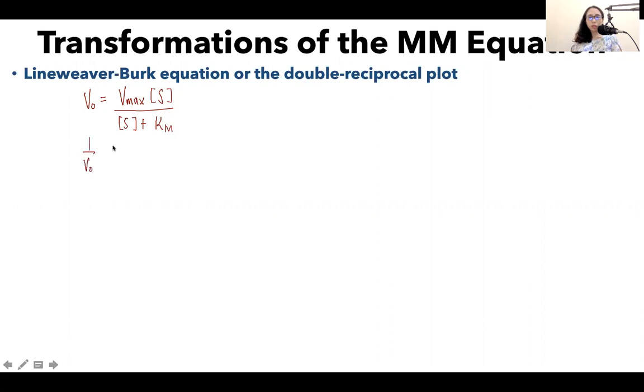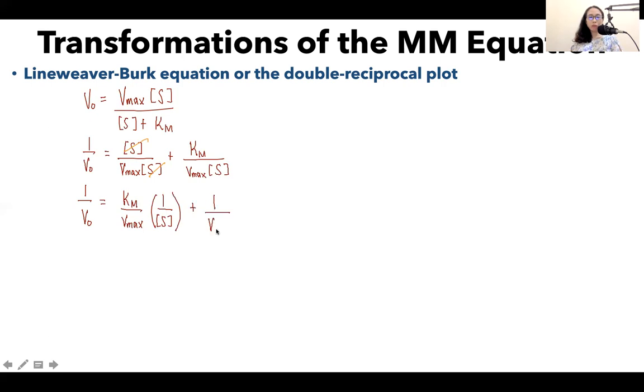So we have 1 over initial velocity equals S over Vmax times S plus Km over Vmax times S. Simplifying this, we can cancel out S in this term, and doing some rearrangements, we have 1 over initial velocity equals Km over Vmax times 1 over the substrate concentration plus 1 over Vmax.